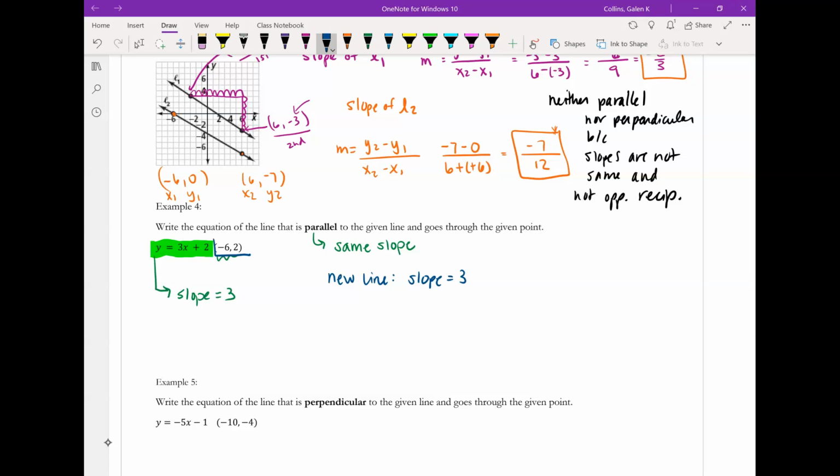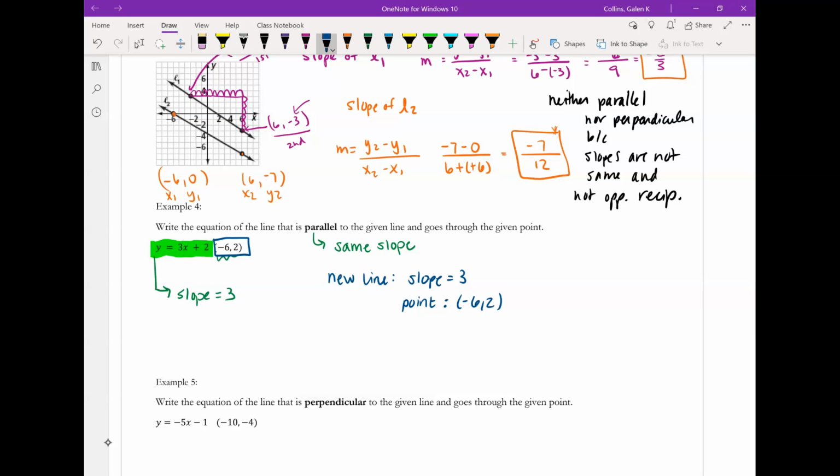I'm also given this point, negative 6 comma 2, so I know that that has to be a point that is on the new line.